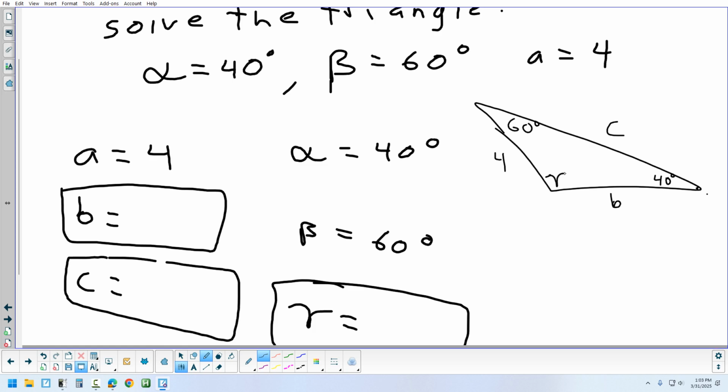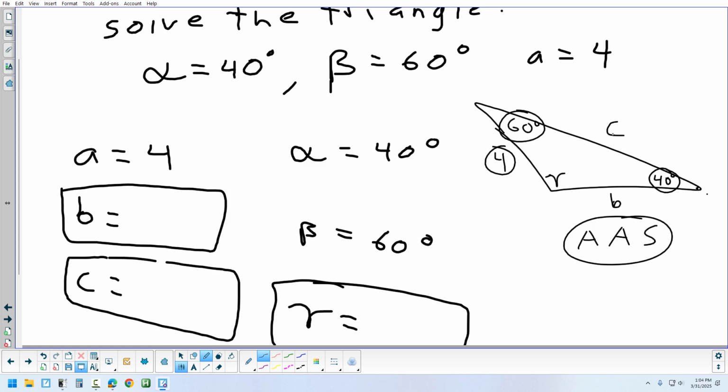All right, so now look at your 3 pieces of information. Using 3 letters, A and S, what kind of triangle is this one? Angle, angle, side. If you're wondering why it isn't angle, side, angle, you'd have to know C for that.